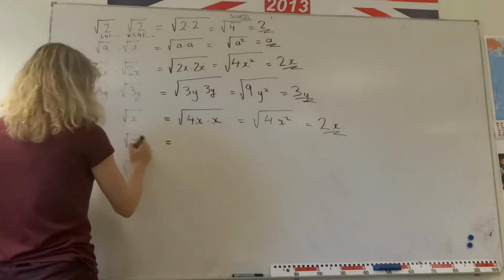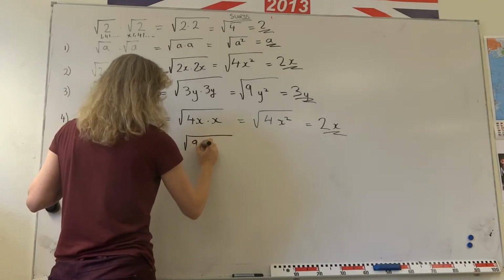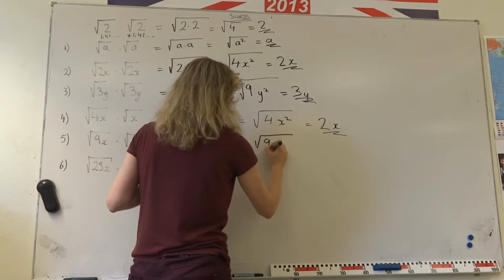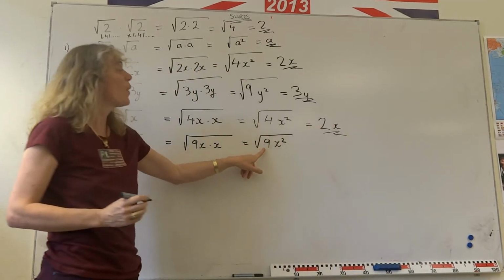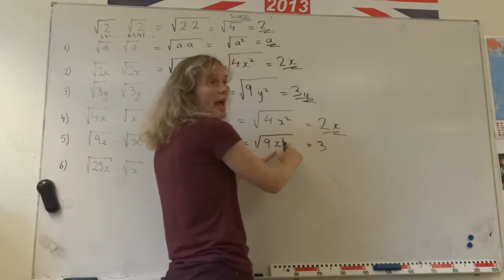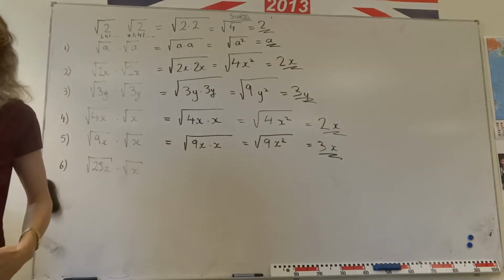Same thing here. Root 9 times root x gives us the square root of 9x times x, which is the same as the square root of 9x squared. The square root of 9 is 3, and the square root of x squared is x. And it doesn't matter which letter you've got here.